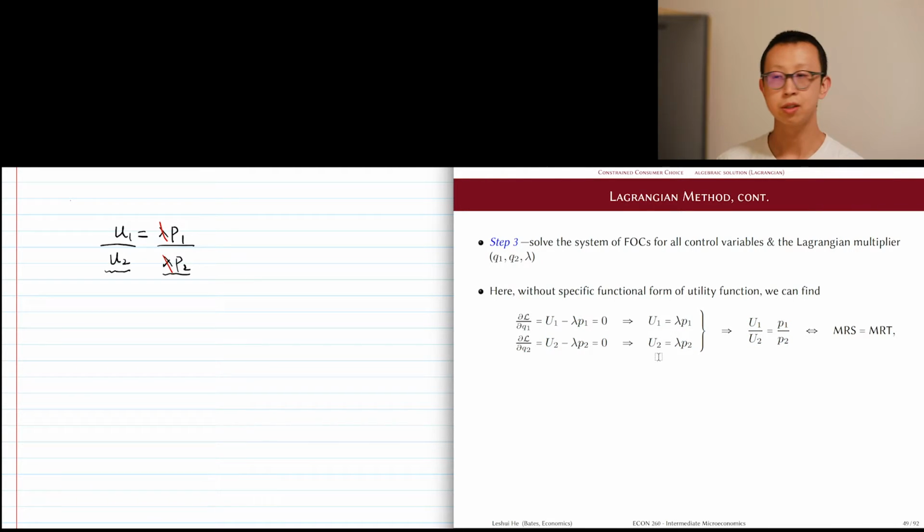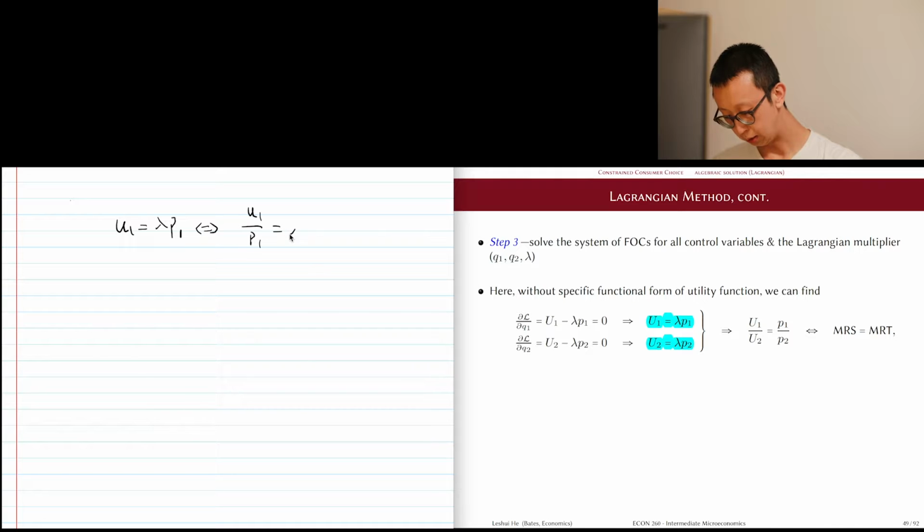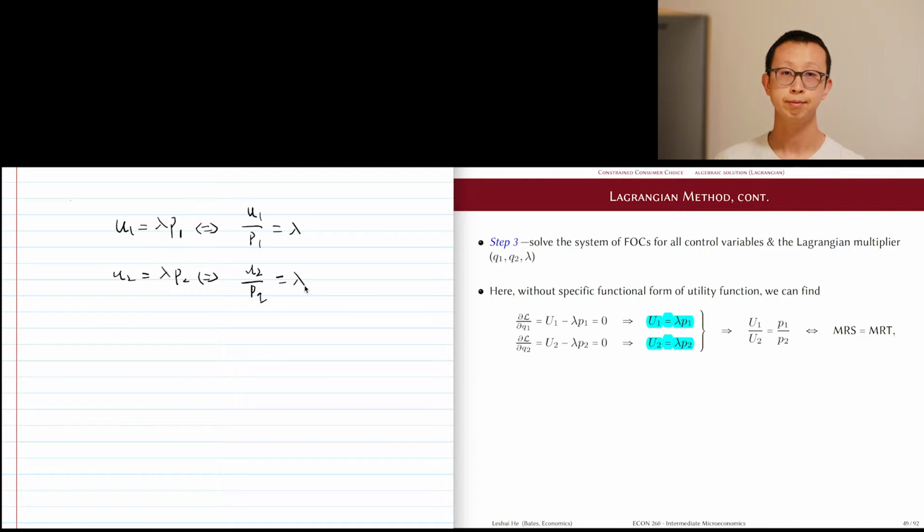There is in fact an alternative way to combine these two first-order conditions. Because our first-order condition is U1 is equal to lambda P1, we can rewrite it as U1 divided by P1 is equal to lambda. And similarly, our second first-order condition is equivalent to U2 divided by P2 is equal to lambda.